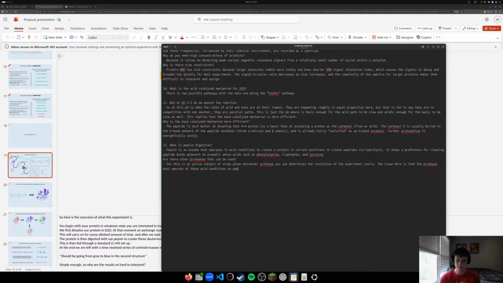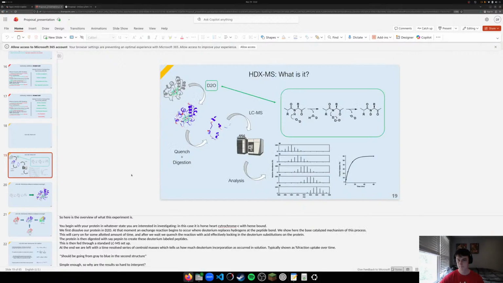So pepsin is the one most often used, given this is the enzyme our stomach uses to break down proteins. I think that's fine.